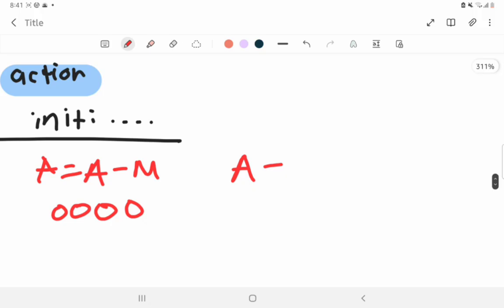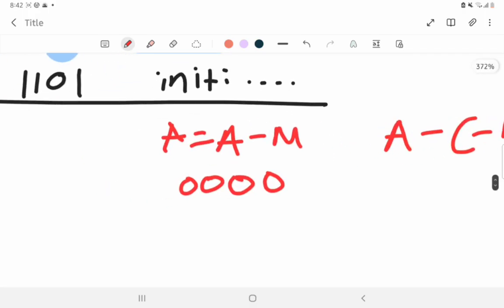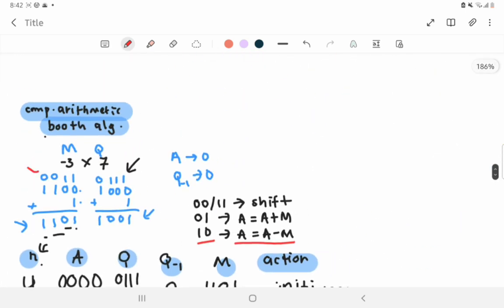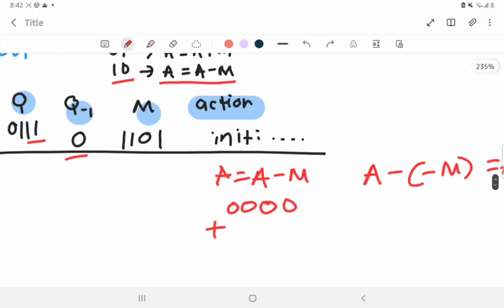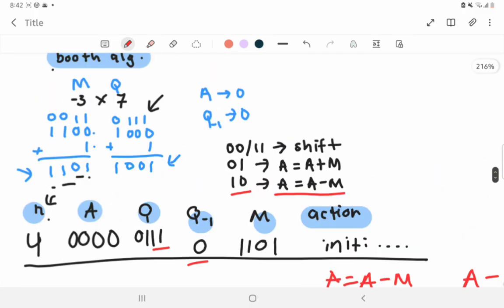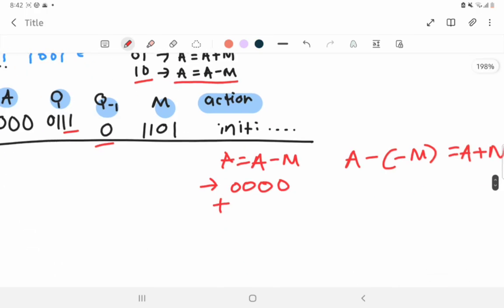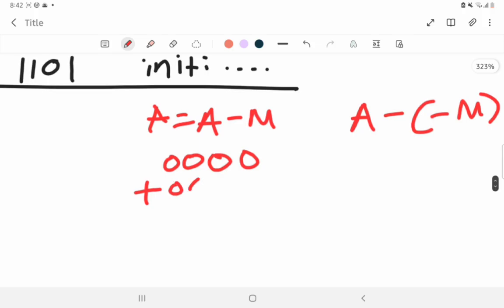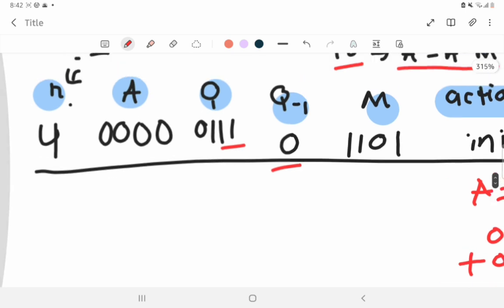Now our M is a negative value, so A minus negative M is actually A plus M. So we don't use the M 2's complement here; we can just add the value of A with the positive M, which is 0, 0, 1, 1. So we add 0, 0, 1, 1, 1, 1, 0, 0. Now this is our new value of A. We put it here.